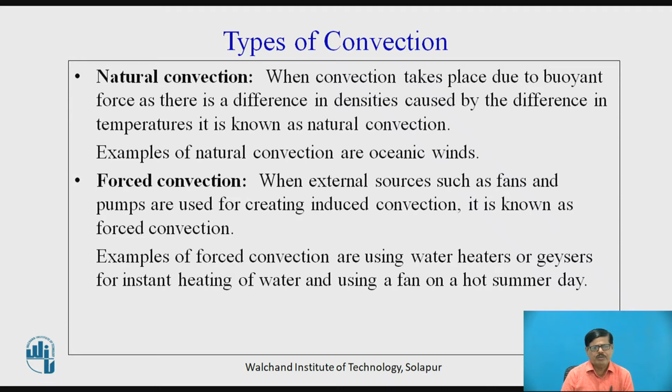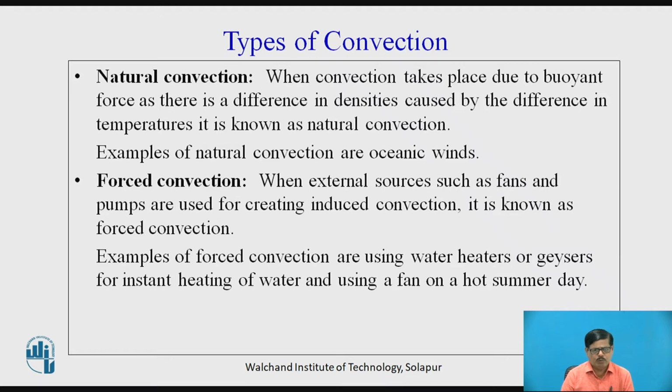Whereas forced convection is the phenomenon when the fluid motion is caused by some external source. For example, we can use a fan or motor, or in case of liquid we can use a pump for causing the motion of molecules, and when the fluid is also getting heated, it is called forced convection.